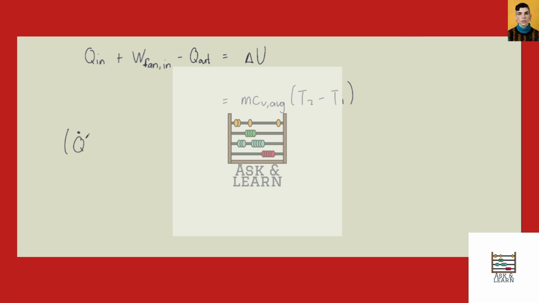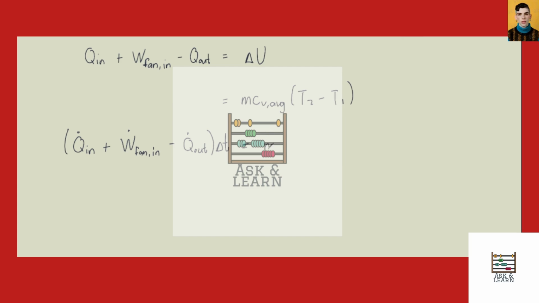So the rate at which heat enters the room plus the rate at which the fan does work, or the power output of the fan, minus the rate at which heat leaves the room, dQ/dt, all this multiplied by delta t is equal to the right-hand side.